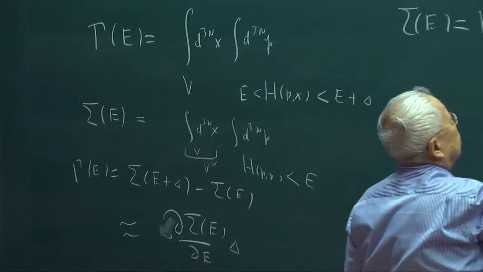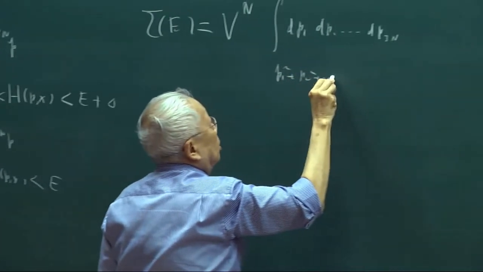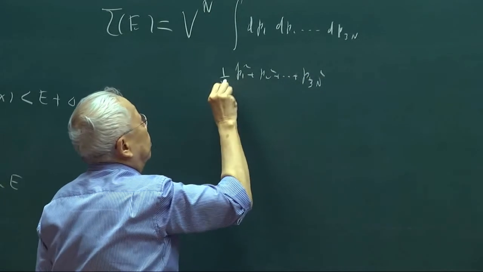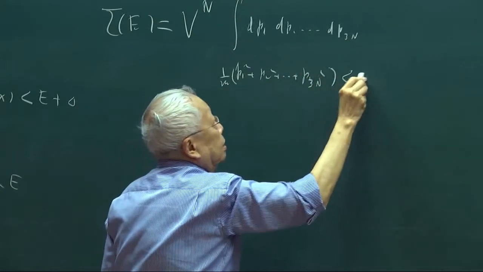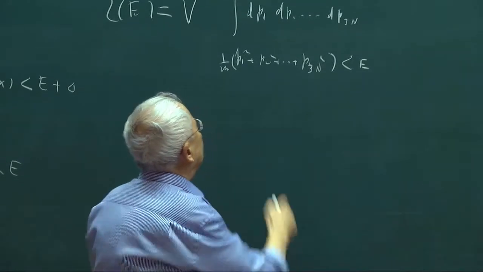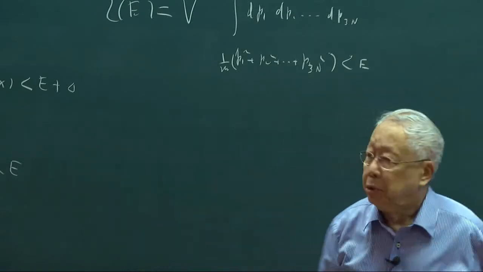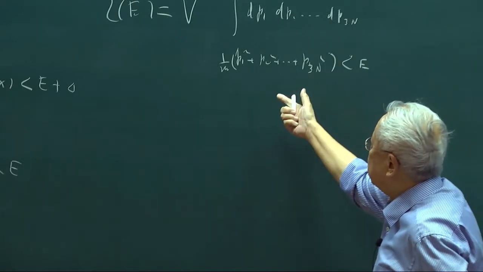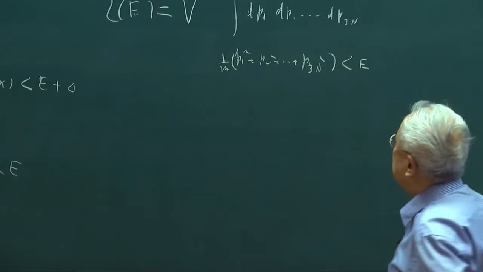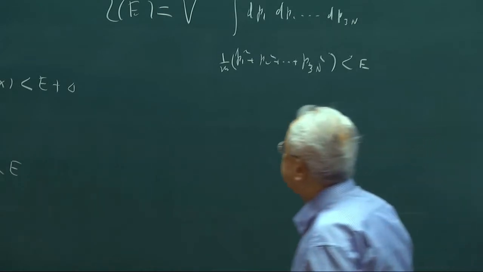There are 3N degrees of freedom, such that p1 squared plus p2 squared plus up to p3N squared, divided by 2m, is less than E. Of course, you would notice this is just the volume of a sphere. You integrate over all the coordinates subject to the sum of the squares being less than a certain value. So that's just the volume inside a sphere.